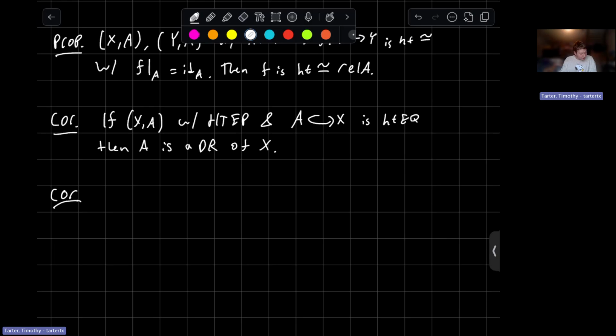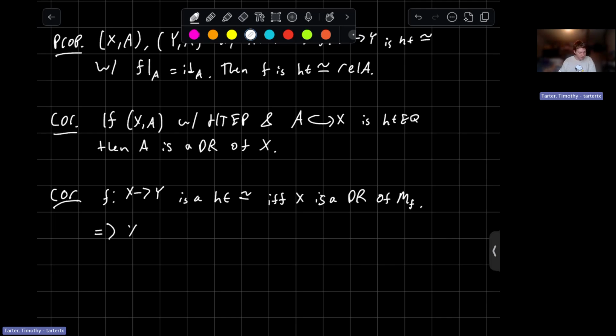As a final corollary, a map f from X to Y is a homotopy equivalence if and only if X is a deformation retract of the mapping cylinder M f.